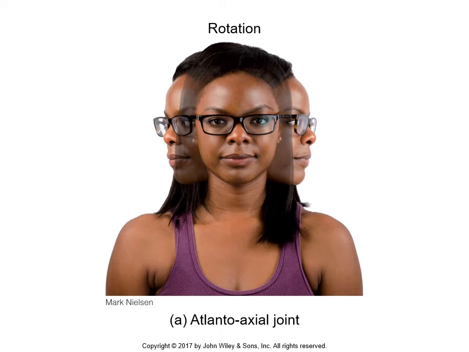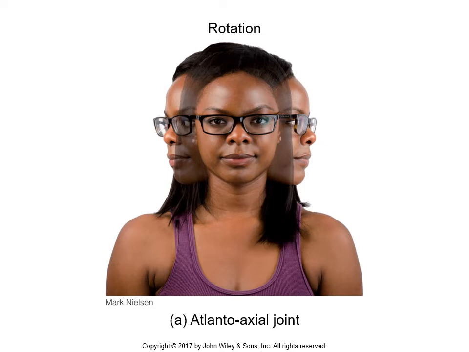But my whole point is that there's a huge amount of rotation which occurs between your atlas and your axis in the atlantoaxial joint. If you take your head, look over your left shoulder, and then look all the way over your right shoulder, 50% of that movement came from this one joint.